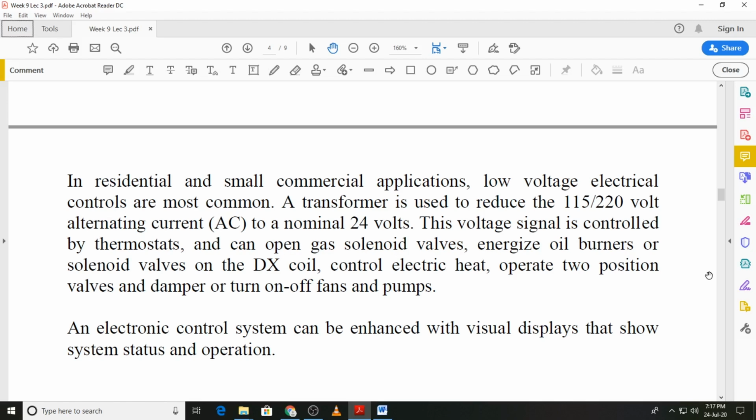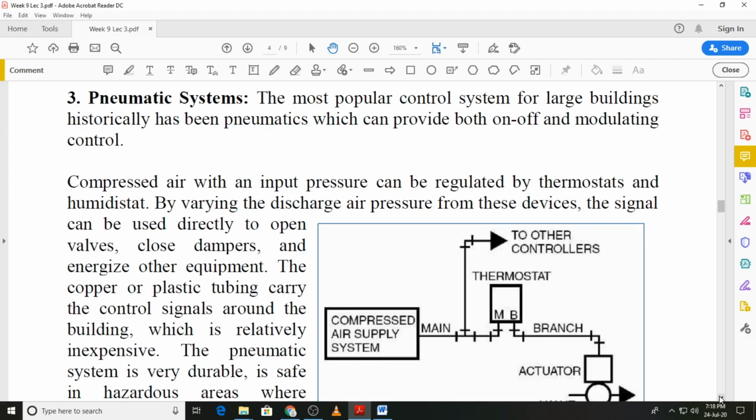An electronic control system can also have a digital readout, and these days it is quite common to have control systems with visual displays. The third type is a pneumatic system, and historically that has enjoyed quite a large or diversified use in HVAC systems.